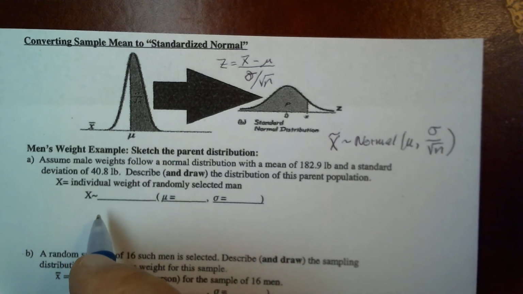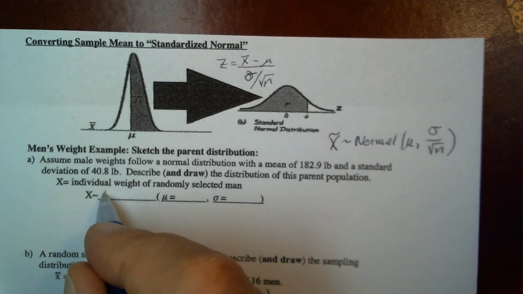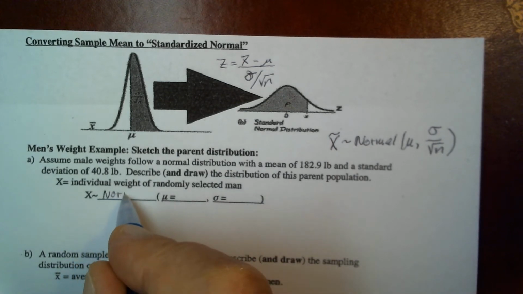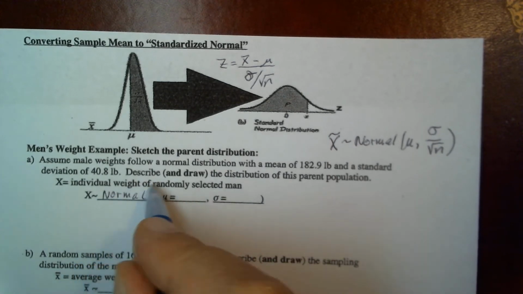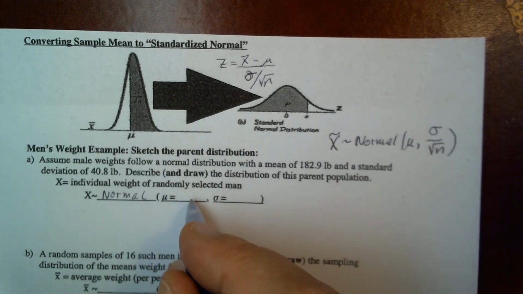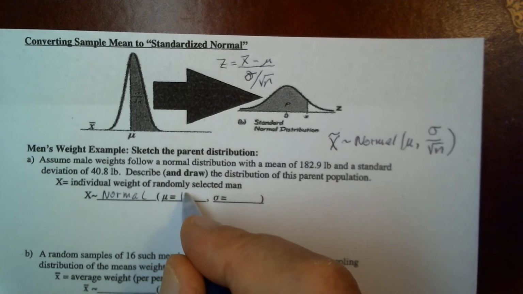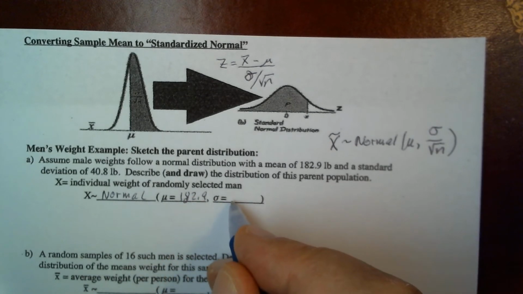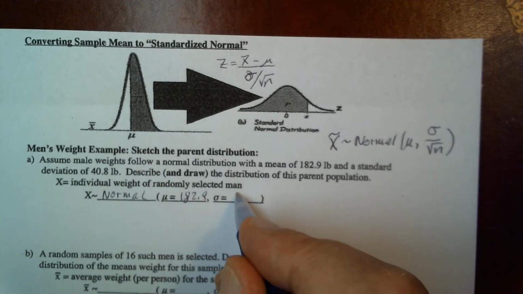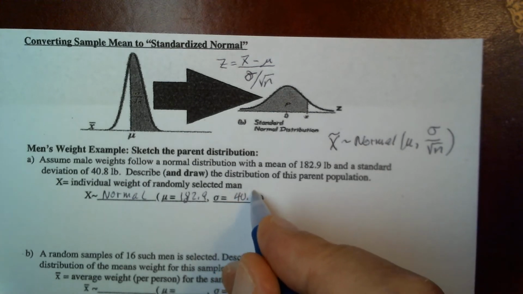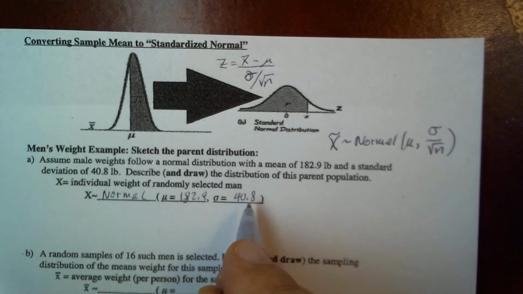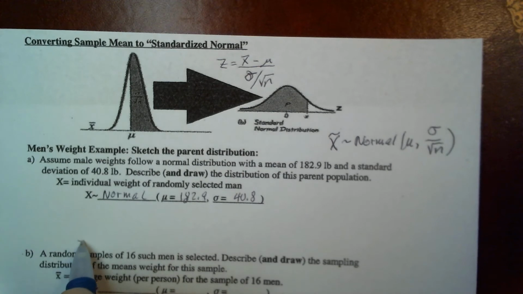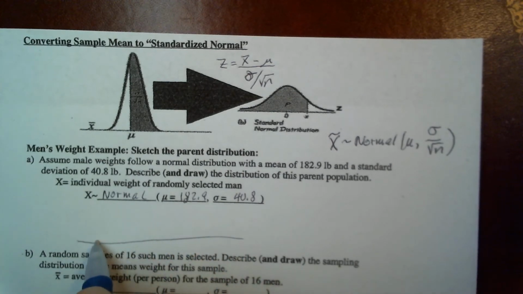So then X is normally distributed because that's the statement here, with a mean equal to the population mean of 182.9, and the standard deviation would be 40.8. And so that does not change, because we are told we have a normal distribution.